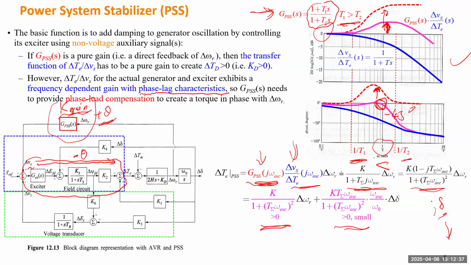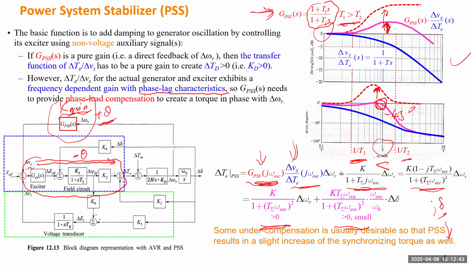It will give you the positive damping torque and also improve a little bit of the synchronizing torque. So this is usually what we expect from PSS. So it has to be a phase lead compensation component.